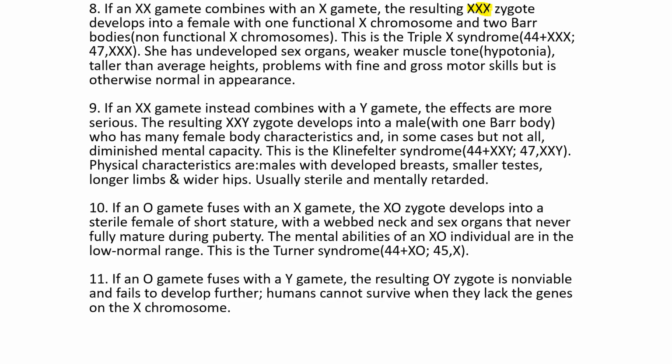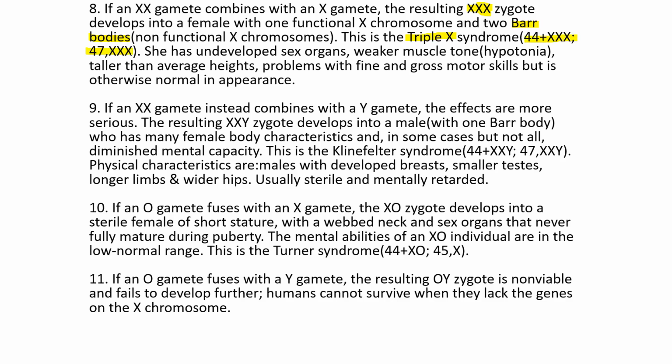Those deactivated X chromosomes are known as bar bodies, non-functional X chromosomes. This is known as triple X syndrome. You see, triple capital T with capital X. So 44 plus XXX or 47 XXX.